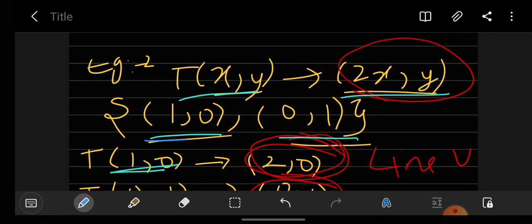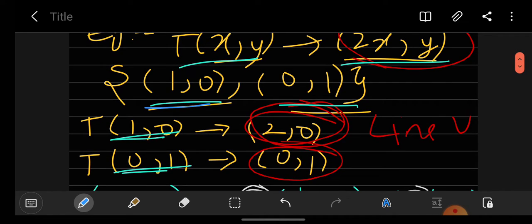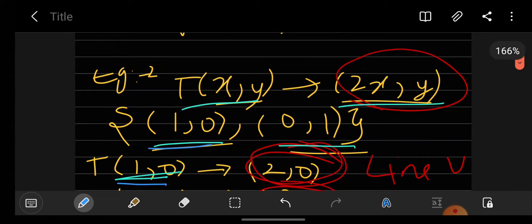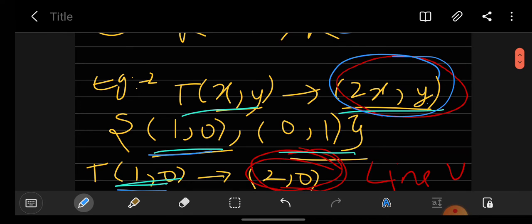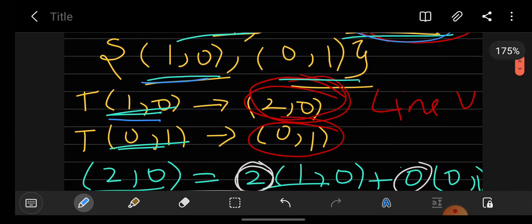So we put the basis value in T(x, y), and you get (1, 0) and the corresponding value (2, 0). Putting this value in this equation, you get the final value (2, 0) and (0, 1).